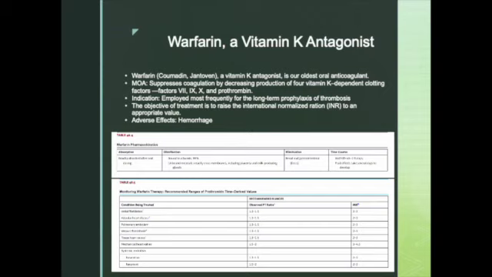Now think about vitamin K in your diet. The dietary vitamin K reduces anticoagulant effects of warfarin, and so many times you are going to teach your patient, if you're on warfarin, you don't want to eat things that are high in vitamin K, and these things include mayonnaise, canola oil, soybean oil, green leafy vegetables.